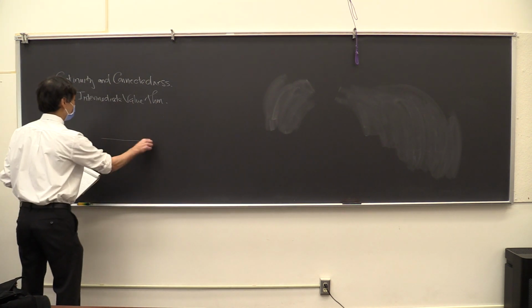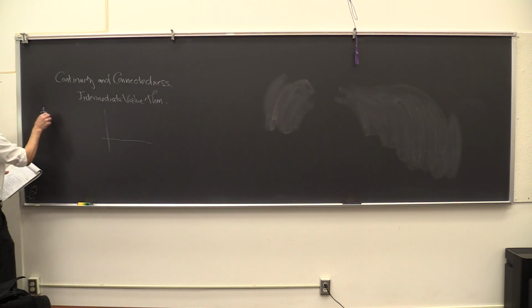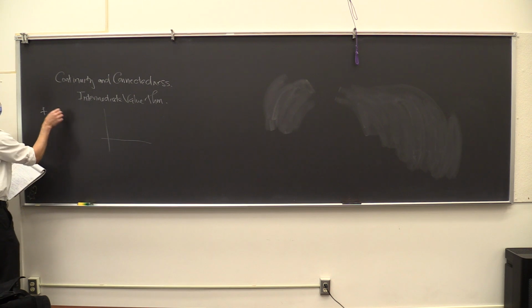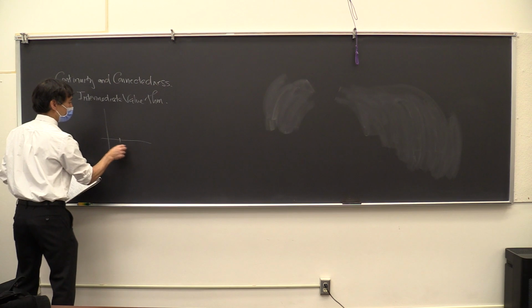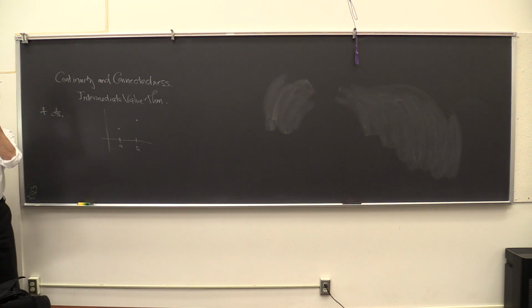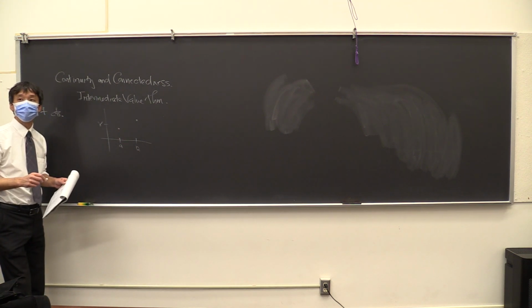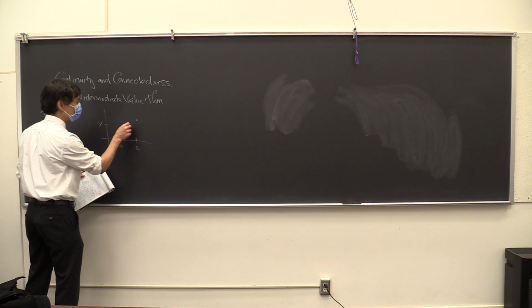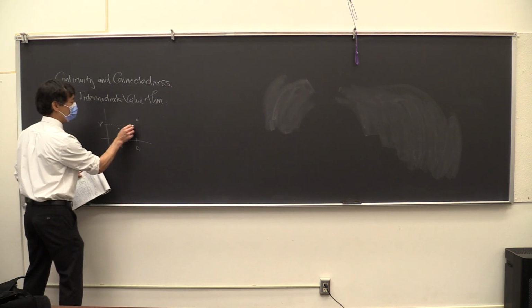Does anybody remember how the intermediate value theorem works? You have some function, and it's continuous, and then you have two points of the function, and they have different values. Yeah, Eli. For any value that's between f of a and f of b, there's some x between a and b such that f of x equals that value.